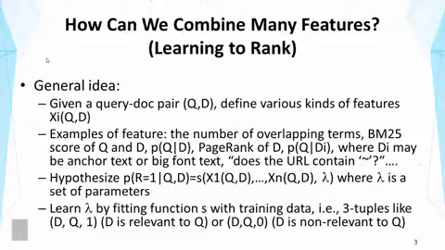So we will assume that given a query document pair, Q and D, we can define a number of features. And these features can vary from content-based features, such as a score of the document with respect to the query according to a retrieval function, such as BM25 or query likelihood or pivot normalization or PL2, etc. It can also be a link-based score like PageRank score.